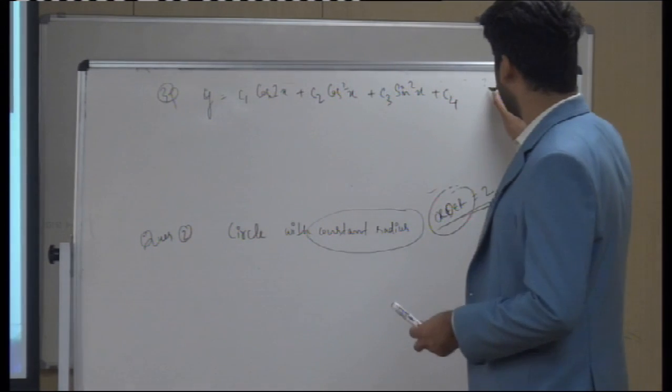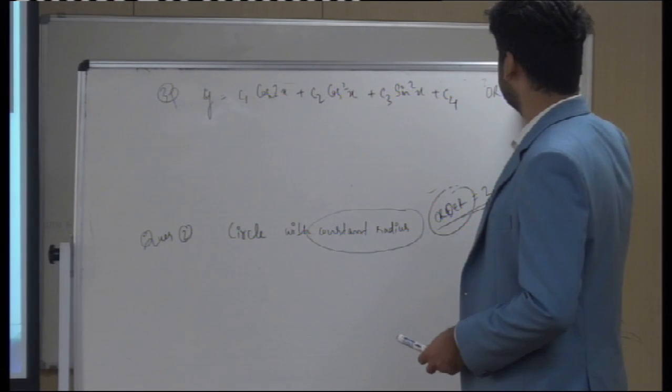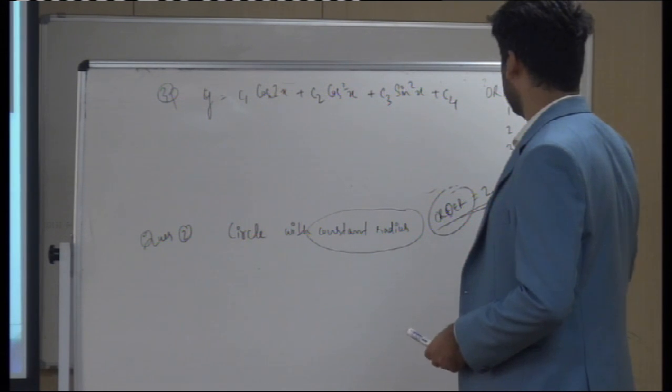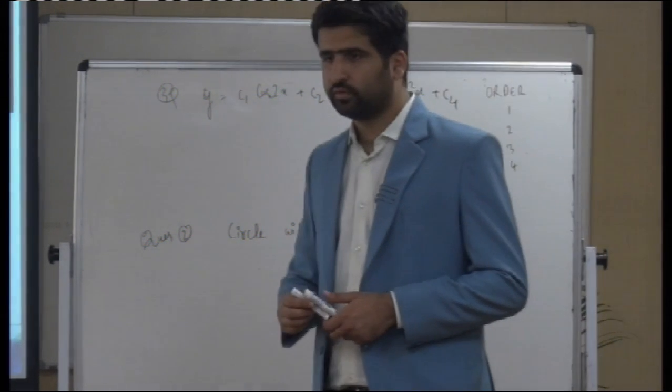So the options for the order are, let's suppose, 1, 2, 3 and 4. 3, how?